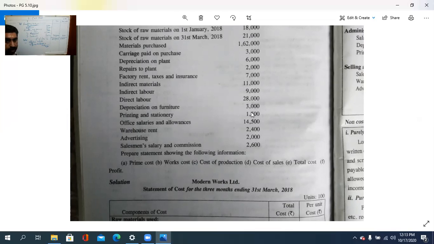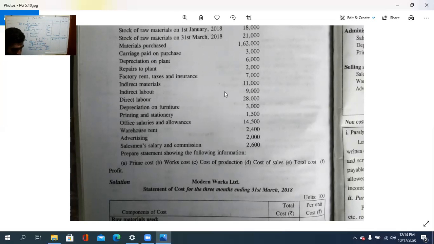Then depreciation on furniture is 3,000. Then printing and stationery, that is also in the office. Otherwise, for the factory, printing should be specifically mentioned as factory. For printing and stationery, it is 1,500.